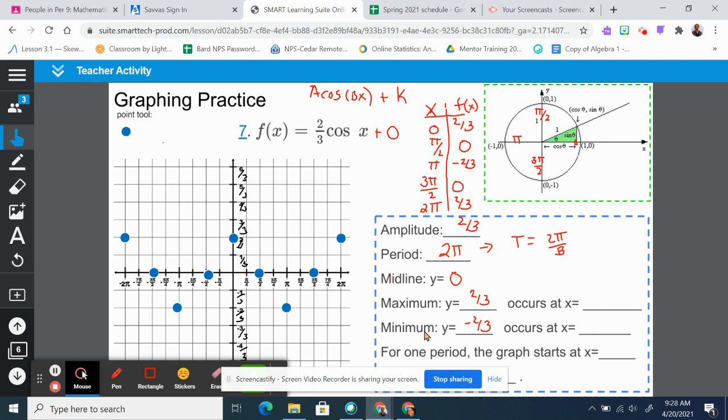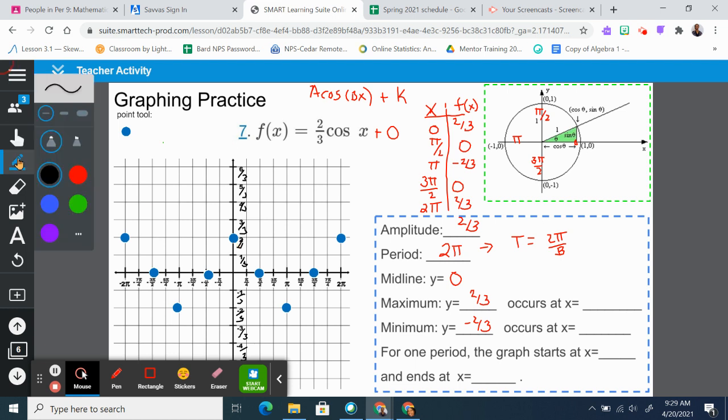So the last thing I'm going to do is complete this table over here, where we talk about when this maximum occurs. I always write the first time it occurs either on or to the right of my y-axis. So we start at x equals 0. The first time I get my maximum is right at x equals 0.